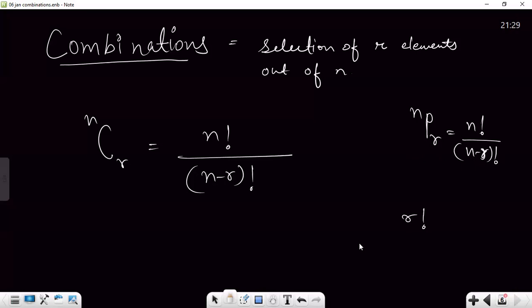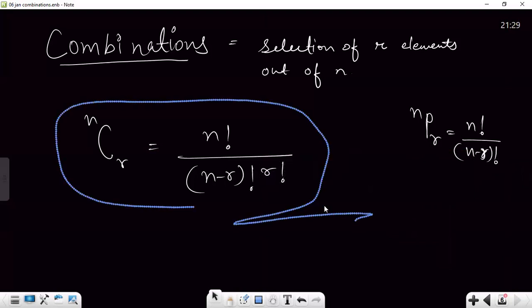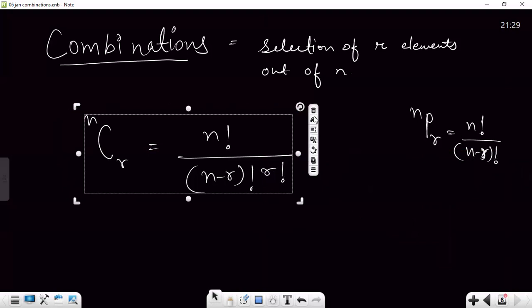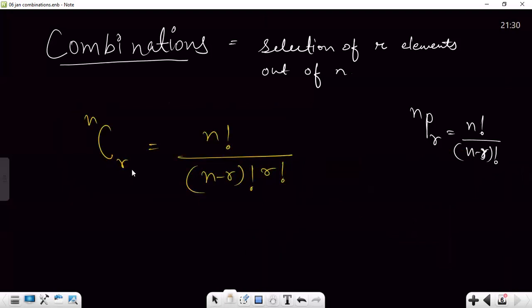So we divide the permutation formula by r factorial to make it the combination formula, because we are just looking at the selection process. So nCr is equal to n factorial upon n minus r factorial into r factorial.